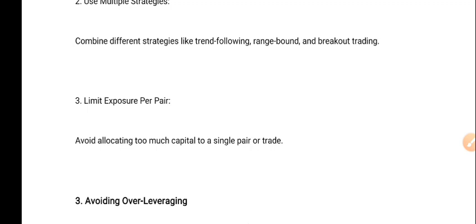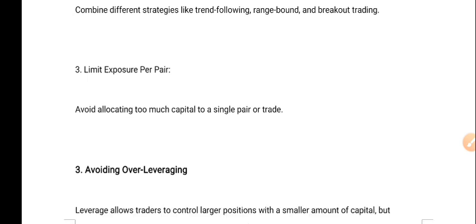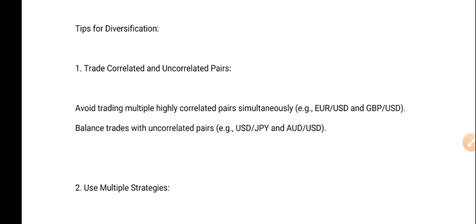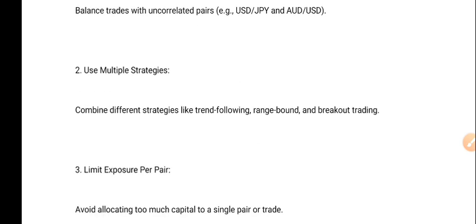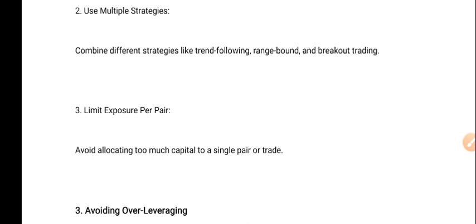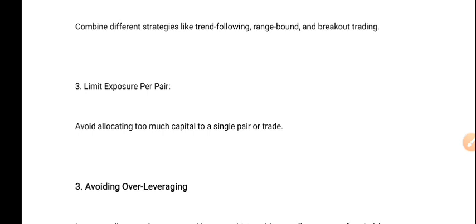Limit exposure per pair. Avoid allocating too much capital to a single pair or trade. It's the same thing we have been saying, that we are saying in trading correlated and uncorrelated pairs. Just don't put too much capital in.